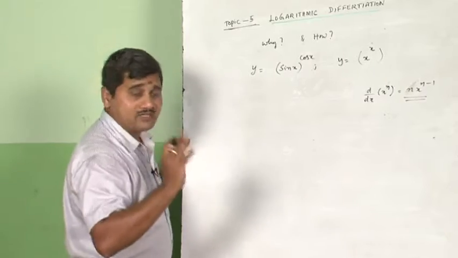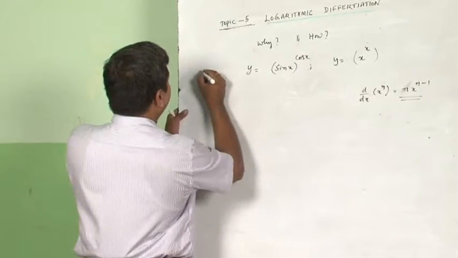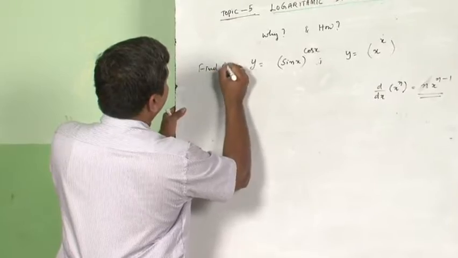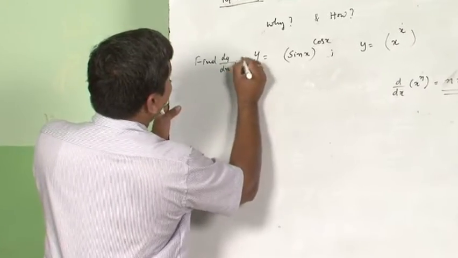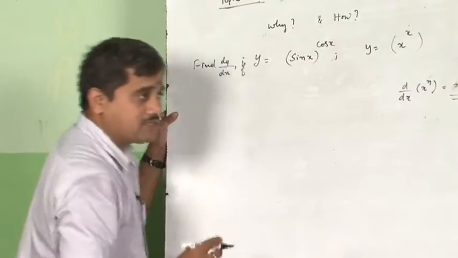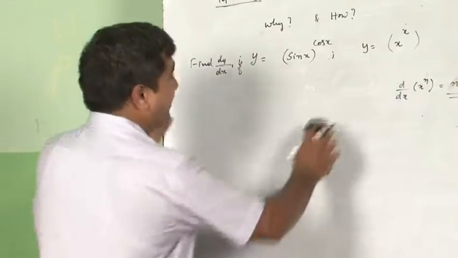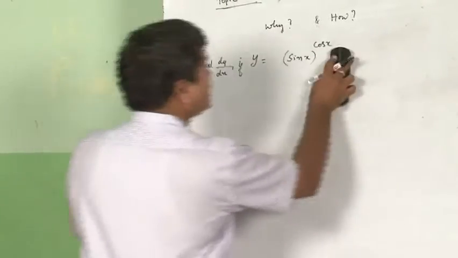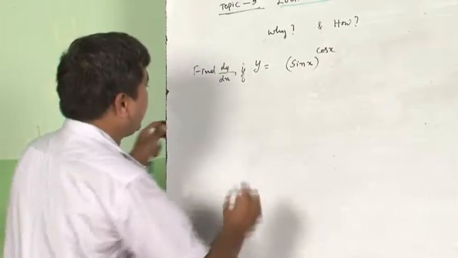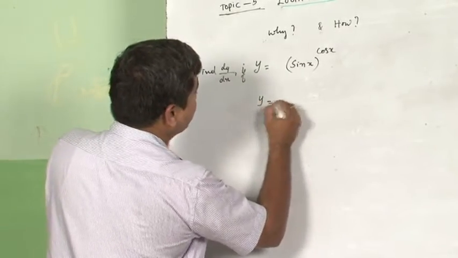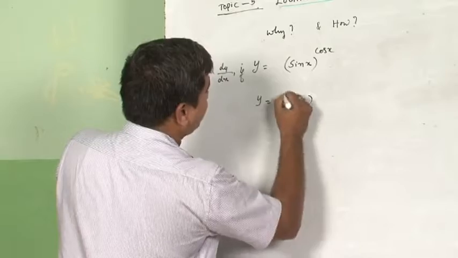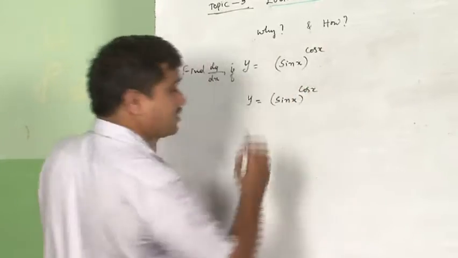So, how to go about this? Just watch carefully. For example, if I say find dy by dx if y is equal to this. Now, interestingly, how am I going to proceed in this problem? Look here. Take the function y equals sin x to the power of cos x.